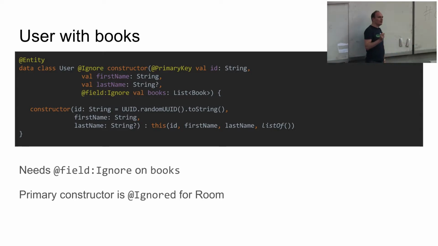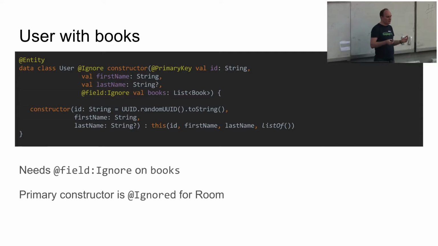But we can add a second constructor, initialize that with an empty list, and then tell Room a couple of things here. We can say, well, you need to use the second constructor. So a little bit counterintuitive, you need to ignore the primary constructor. By ignoring the primary constructor, Room will default to the second constructor that we have defined.